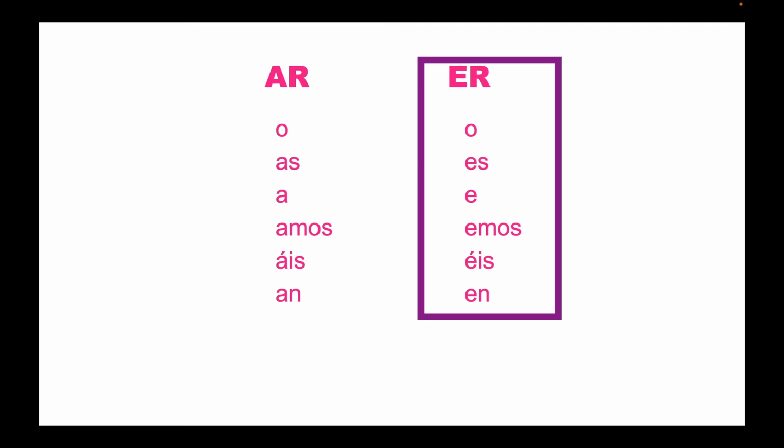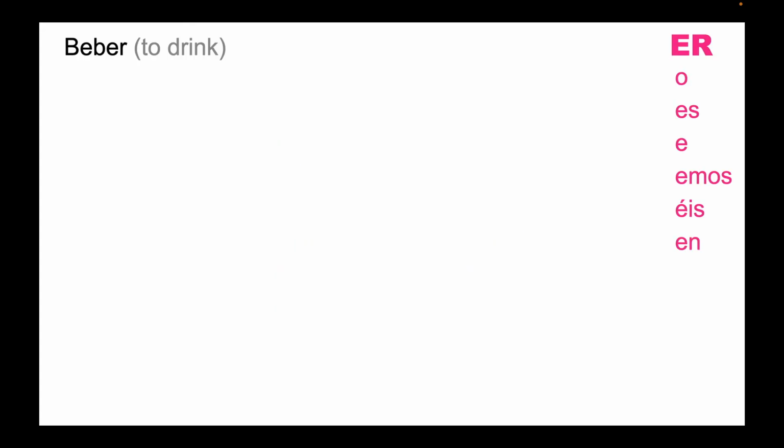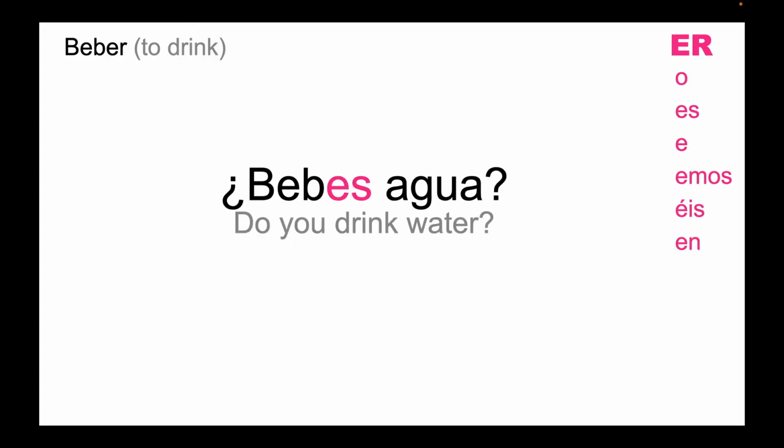Let me show you some other ER ending verbs and some examples. Beber, to drink. Ejemplo, ¿bebes agua? Notice that I didn't write tú bebes agua. I could have, but I didn't need to because the ending is es and I know that ending is for tú. The subject pronouns are generally optional.